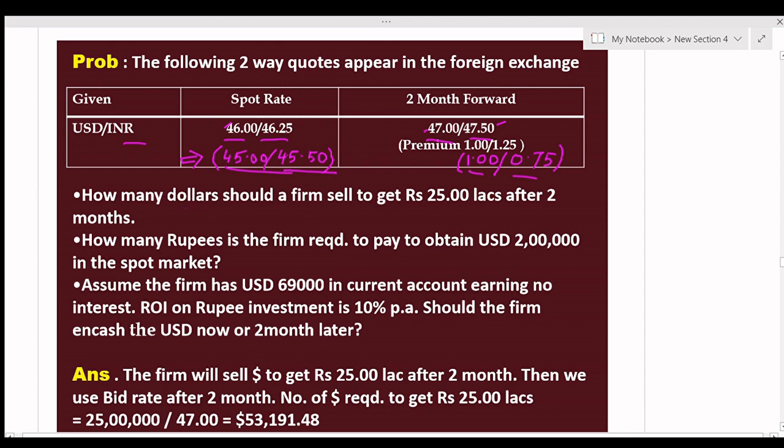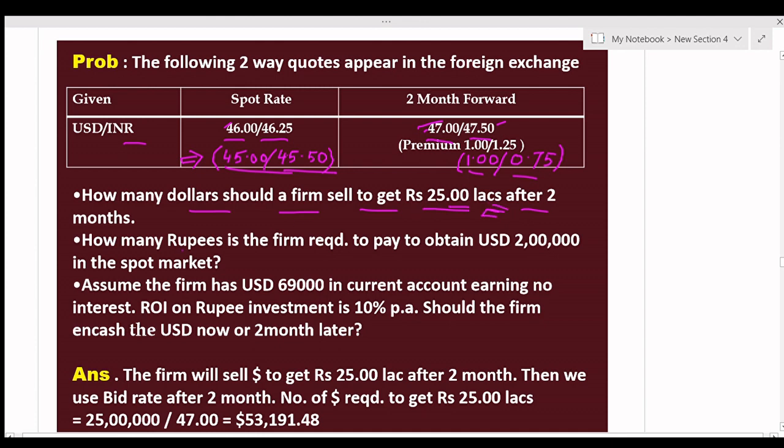How many dollars should a firm sell to get rupees 25 lakhs after 2 months? Here the firm will sell dollars to the bank and the bank will buy dollars from the customer, and the rate will be the forward rate. So the number of dollars will be computed by rupees 25 lakhs divided by the bid price 47. You will get the desired result.